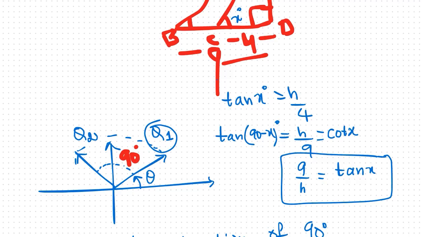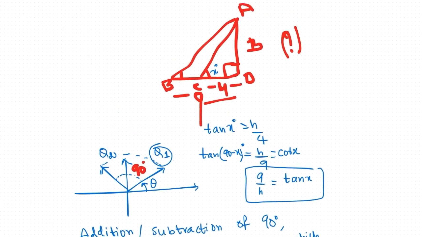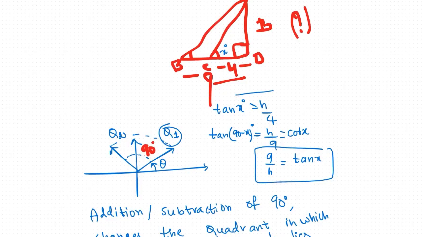Tan means 1 upon cot. For tan, it will be h by 9, right? For cot x, the value is h by 9, and for tan it is opposite by adjacent. We have written that, correct? So no need to look at the triangle now.